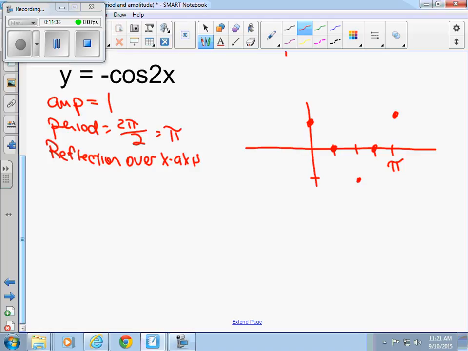If on your homework you do show 2 graphs, somehow let me know which one's the right answer. Either highlight it or put a line with an arrow to it that's its final answer or something so that I know which one to give credit. I am fine with you doing one. So this is a normal cosine graph of the period of pi. So we are going to reflect that over the x-axis.